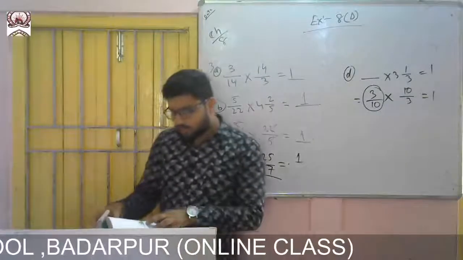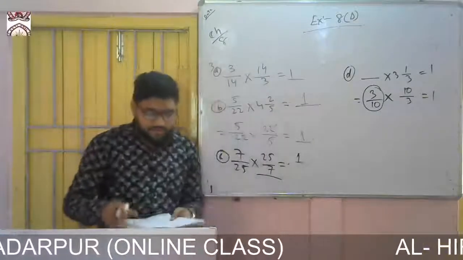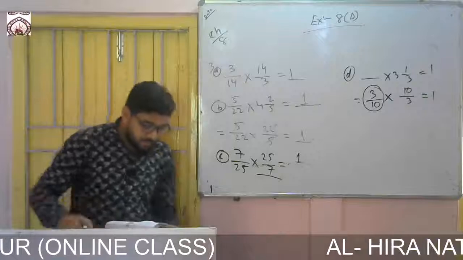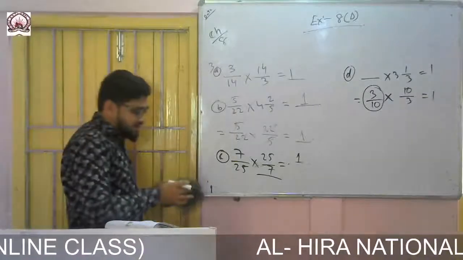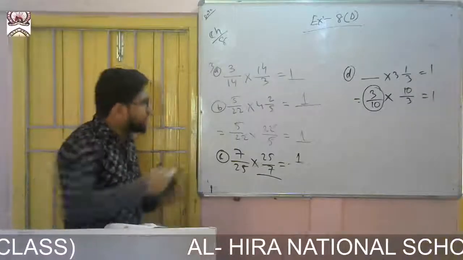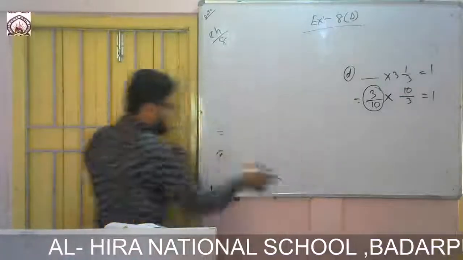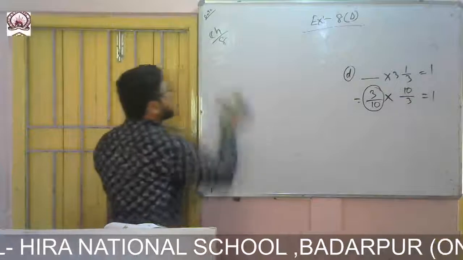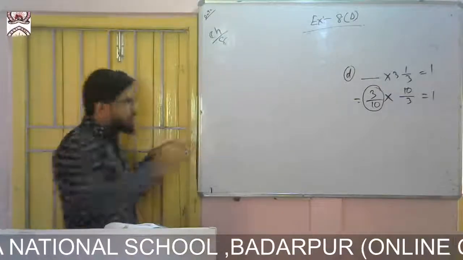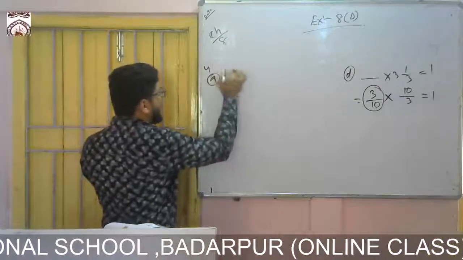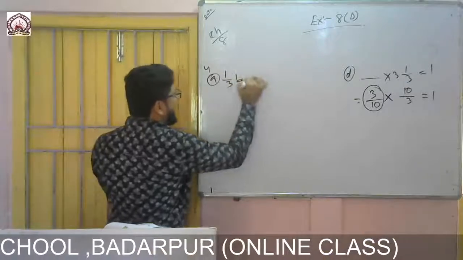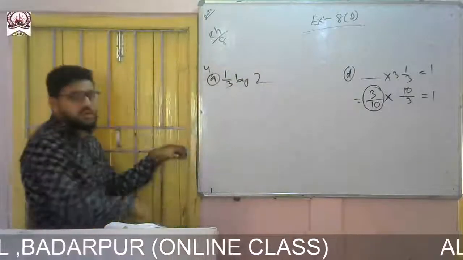Okay, now come to question number 4. Divide 1 by 3 by 2. So how to divide? You see question number 4a, 1 by 3 by 2. Here "by" means divide.